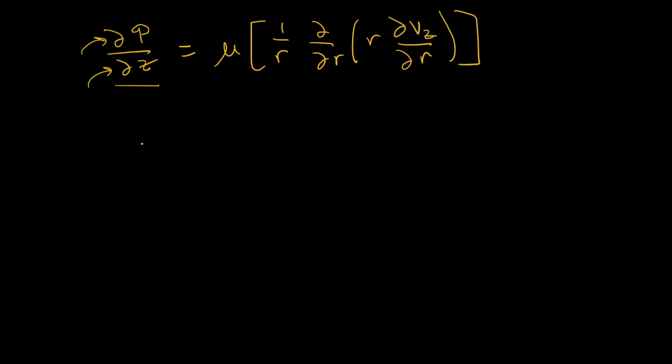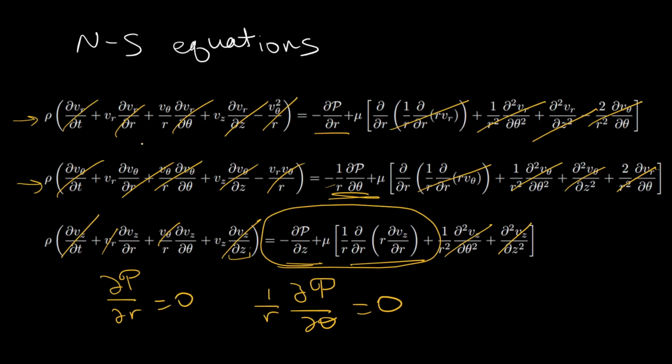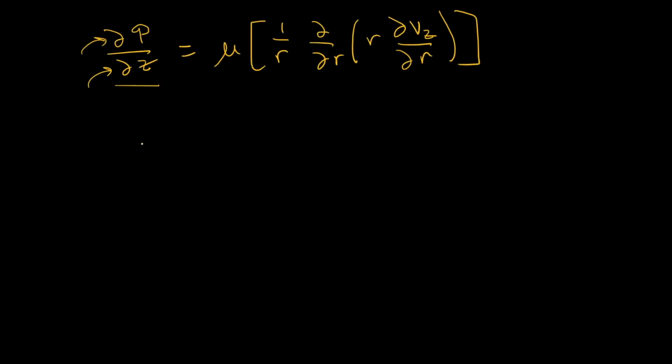This is what we learned from the Navier-Stokes equation. So back here, we found that our pressure does not depend on r, does not depend on theta. So we can rewrite this as dp dz. And similarly on this side, our velocity in the z direction only depends on r. So we can change these partial symbols into ordinary derivative symbols.